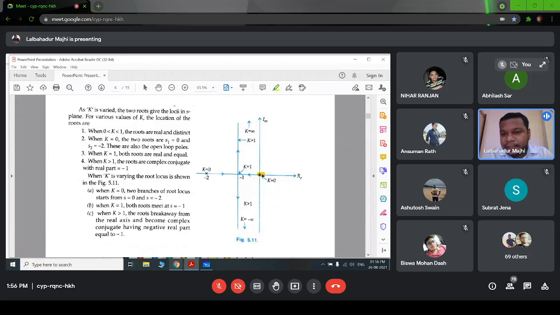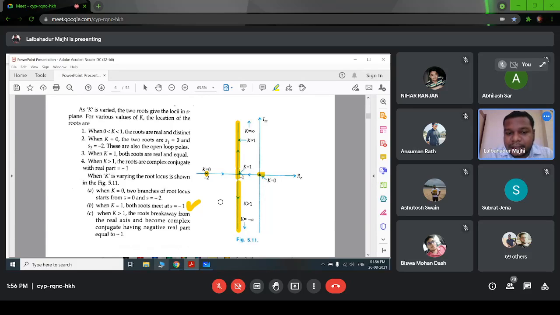When k equal to 0, there are 2 poles at 0 and -2. And when k is equal to 1, both the roots meet at -1. Then when we make k greater than 1, the roots will be at this point.